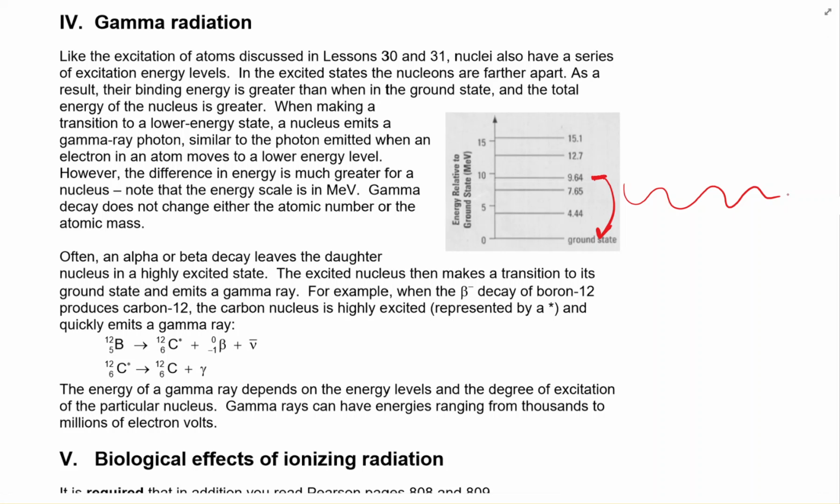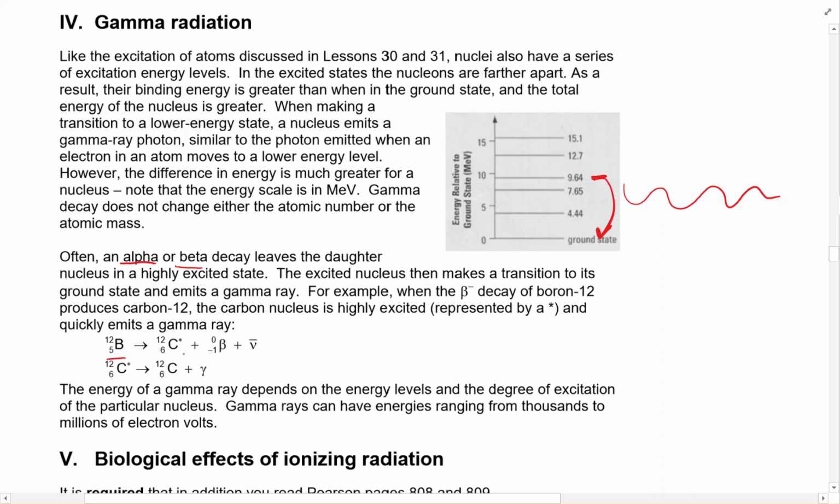If you emit a photon though, you're going to stay with the same charge number, so conservation of charge, and you're going to stay with the same number of nucleons, right? Because all you did was emit a photon, so the atom itself is the same. And why this will happen quite often is because right after you get an alpha or beta decay, you get some parent nucleus decaying into a daughter nucleus, like what we have here.